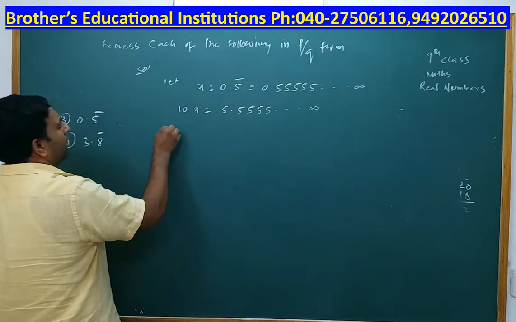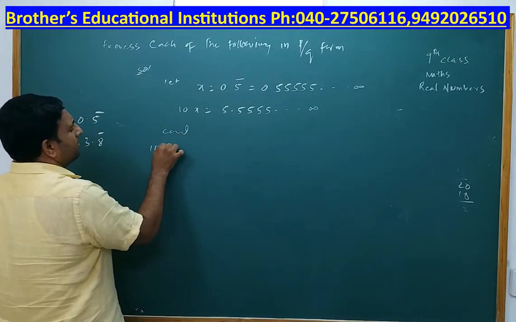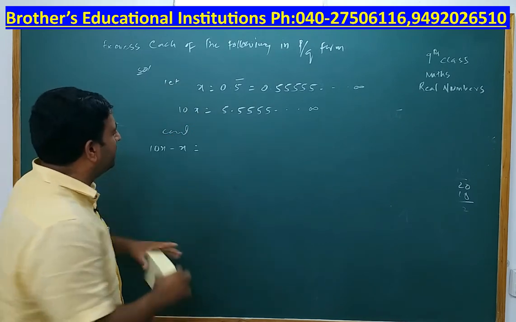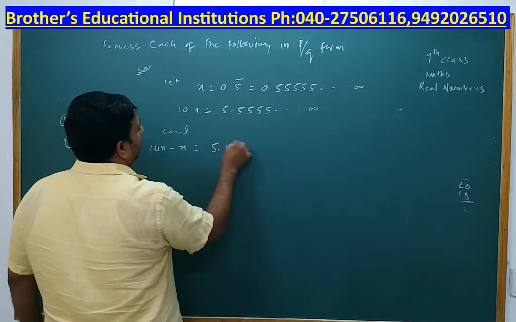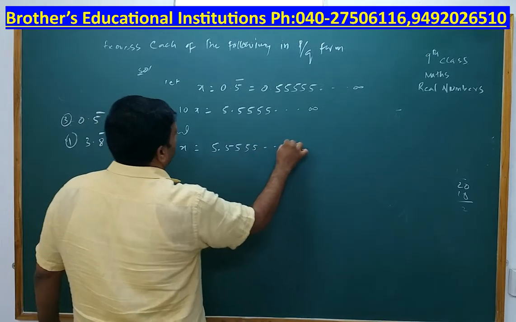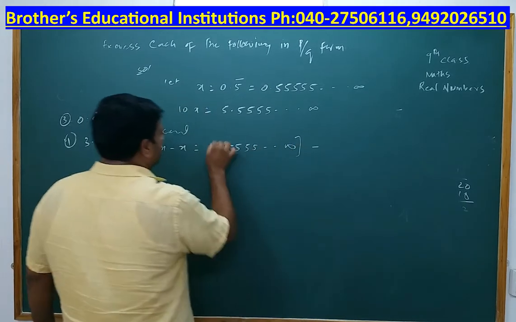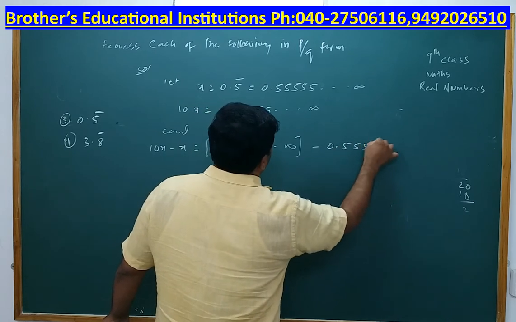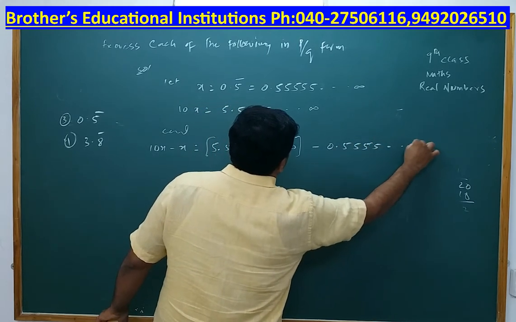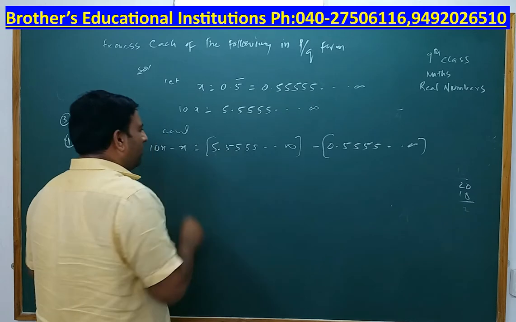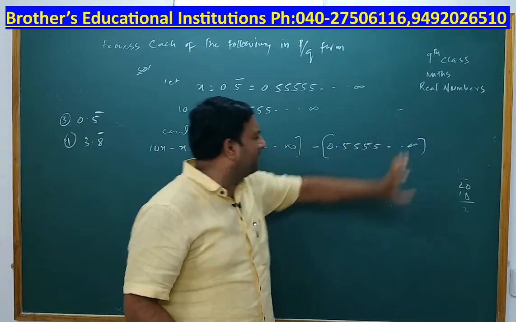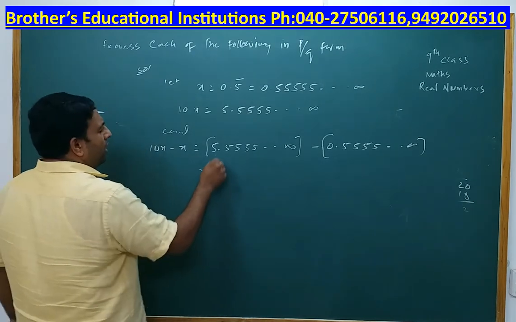Now I am going to consider 10x minus x. What is 10x value? 5.5 and so on till infinity, minus, what is x value? 0.555 and so on till infinity. So when you subtract, what will happen? You can see the 0.555 till infinity minus 0.555 till infinity will get cancelled, and you are left with only 5.